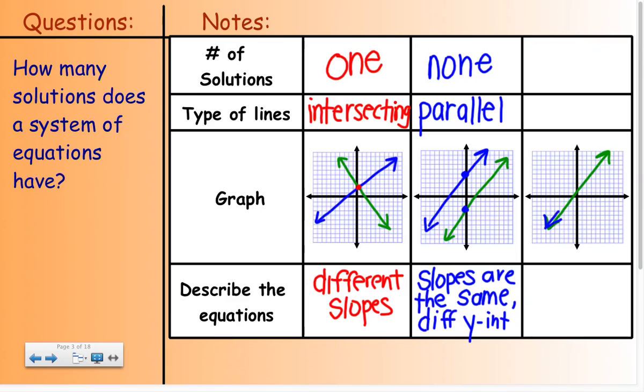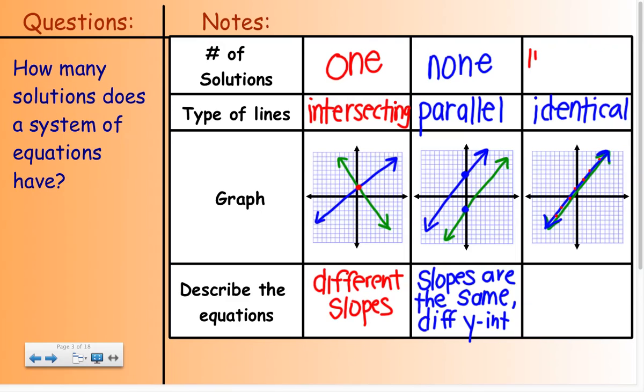The third possibility is to have two lines that fall right on top of each other. So I'm going to put my blue line directly on top of my green line. These lines are called identical because they make the exact same line. Now if you look at these identical lines, how many times do they intersect? Well, they intersect here, here, here, here, here, here, here, and that'll keep going forever.